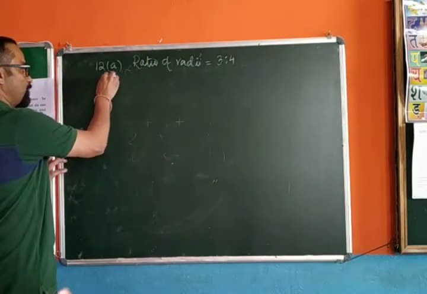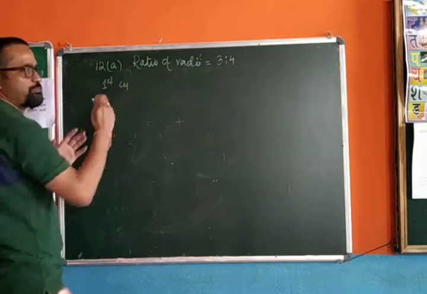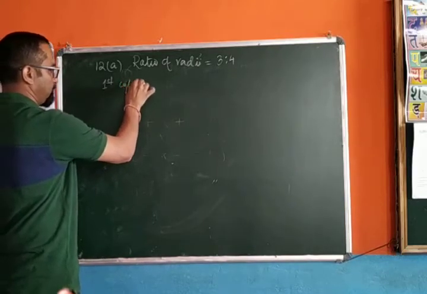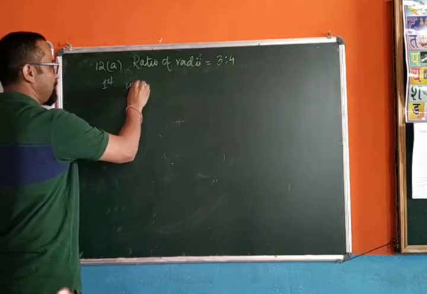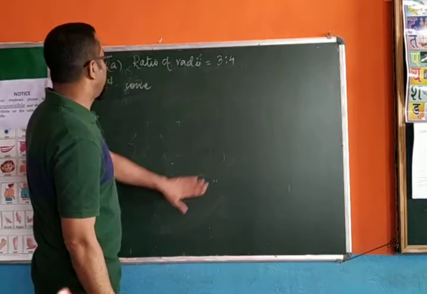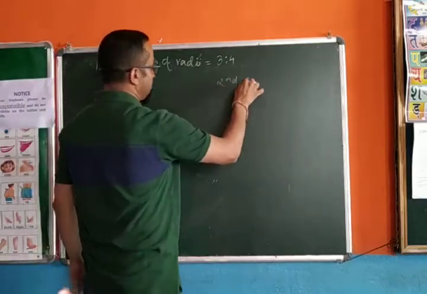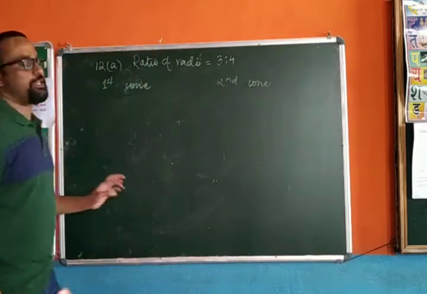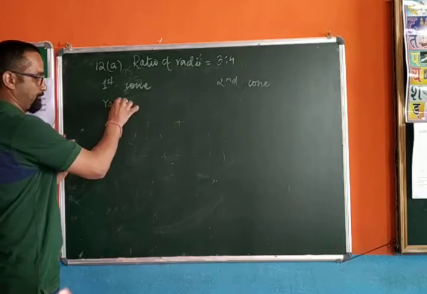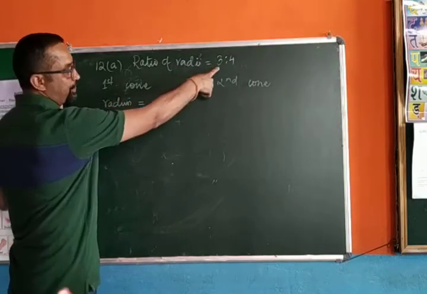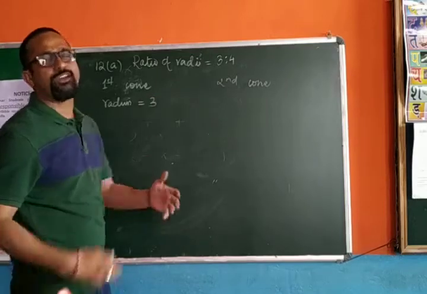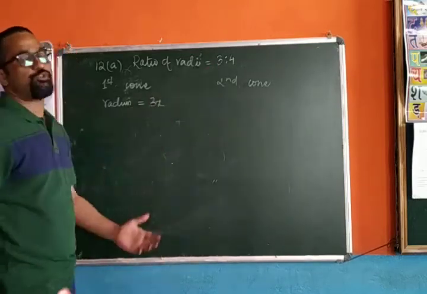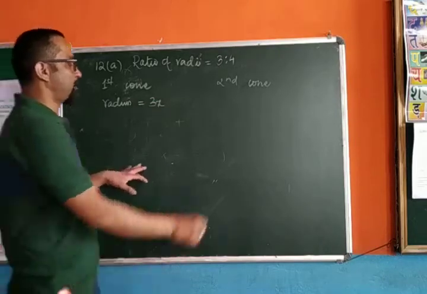So you write first cone, not cylinder, and on the other side second cone. You have to split it up and solve it. Radius is 3, so we write 3 only, or you can take a variable 3x because it is given in ratio, so you can assume it as 3x.